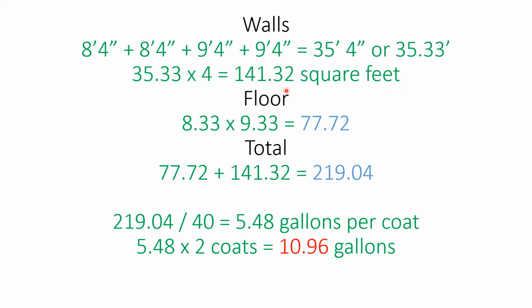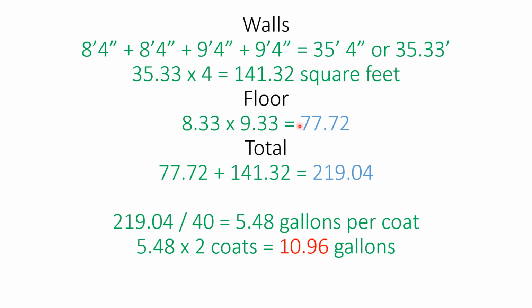Now, generally what I like to do, and you don't have to do it all the time, is go to 2 decimal points. That just makes sure that you're covering all your bases. All right, and then the floor, 8.33 times 9.33, that's 8'4" times 9'4" equals 77.72. So we have 141.32 for our walls.